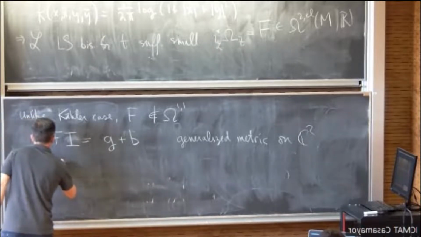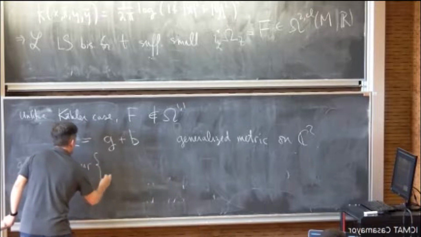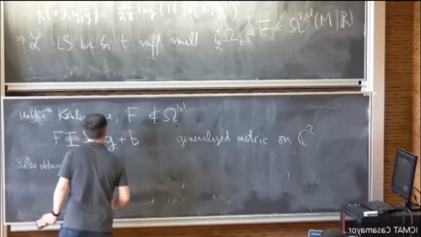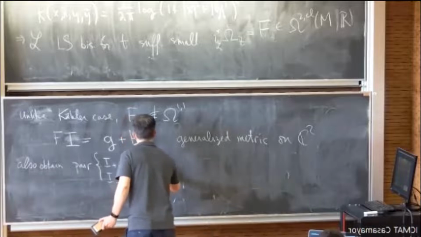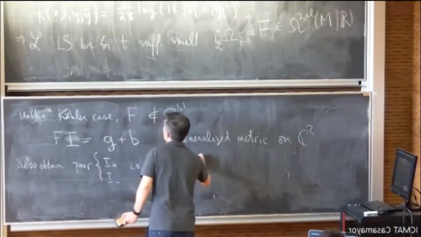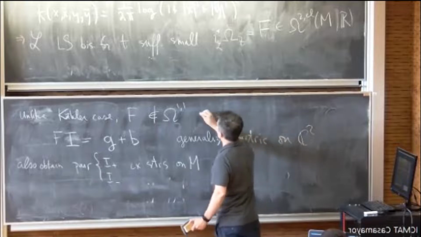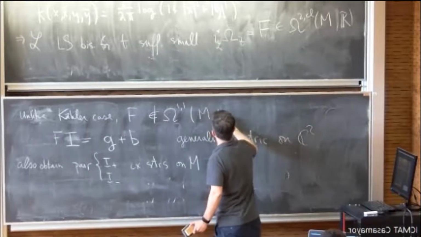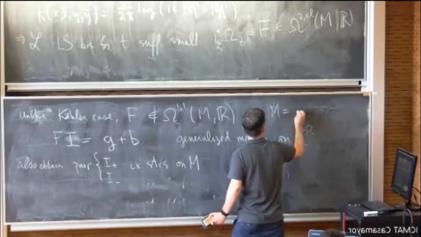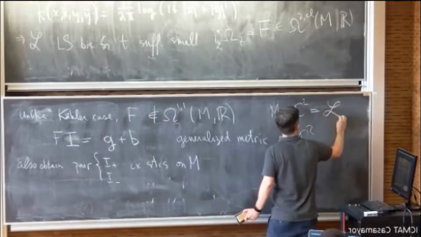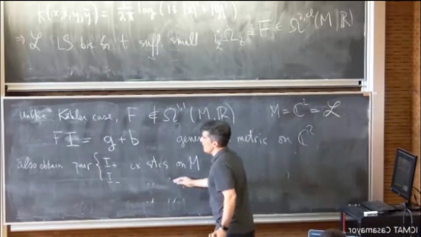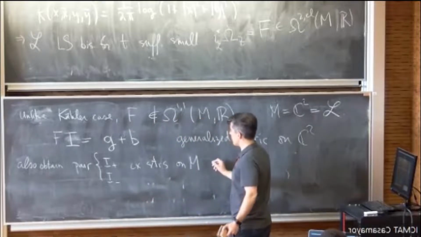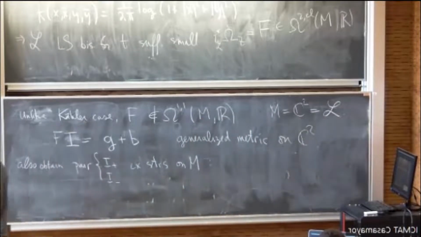Okay, but we also get a pair I₊ and I₋ of complex structures. I'm just going to identify M with this cross section L, like I did before, but I'm going to get a pair of complex structures on M because this cross section is smooth.